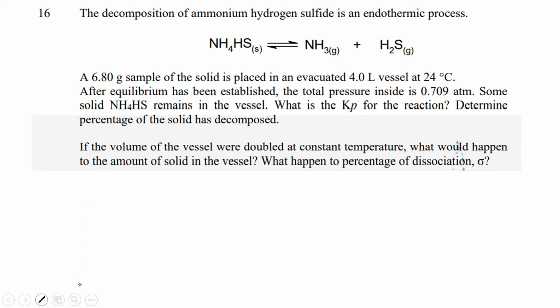Right, so kita ada NH4HS solid, okay, dissociate to NH3 gas plus H2S gas.